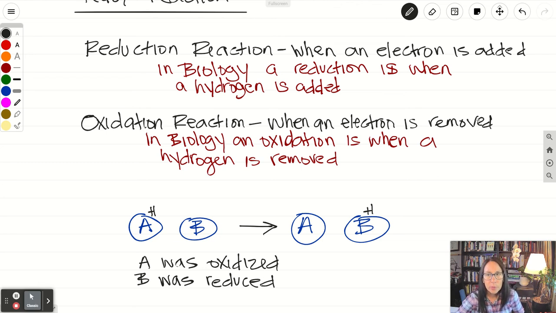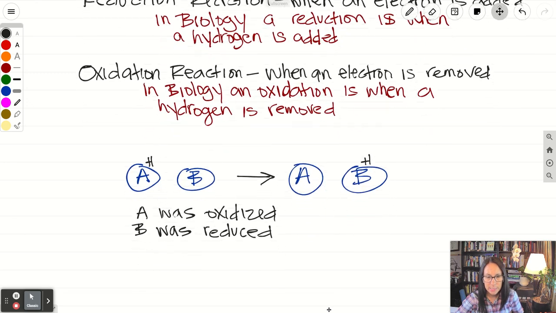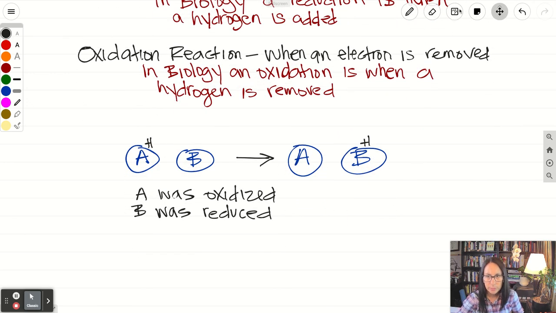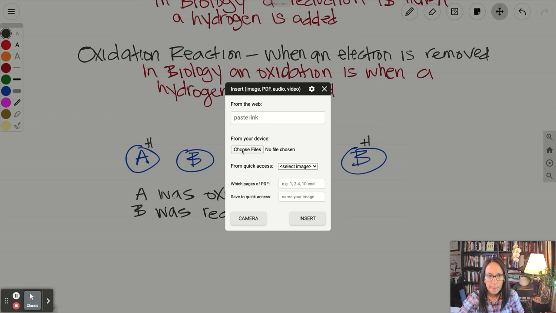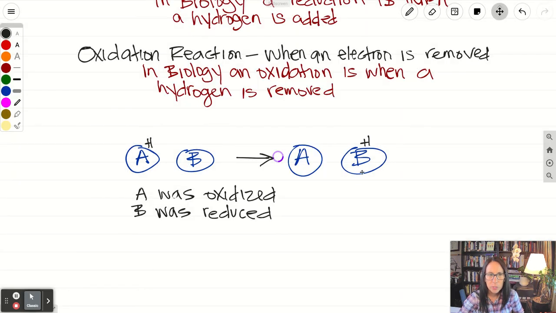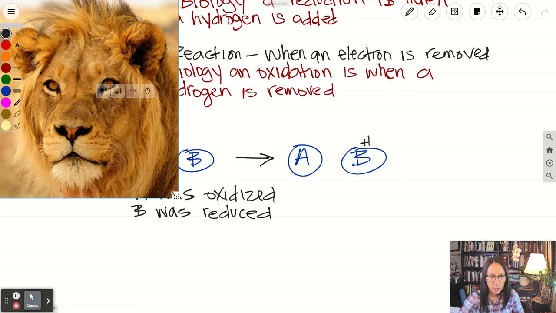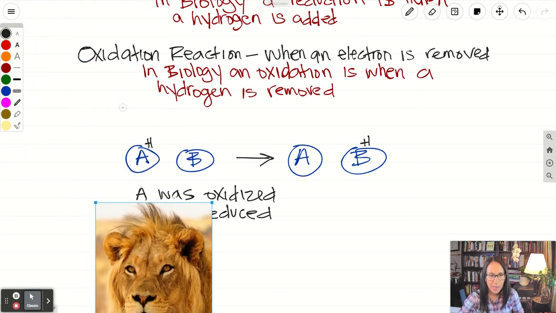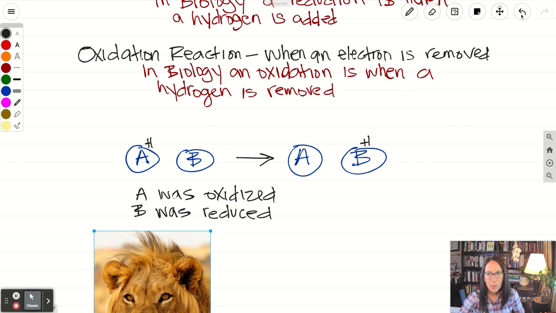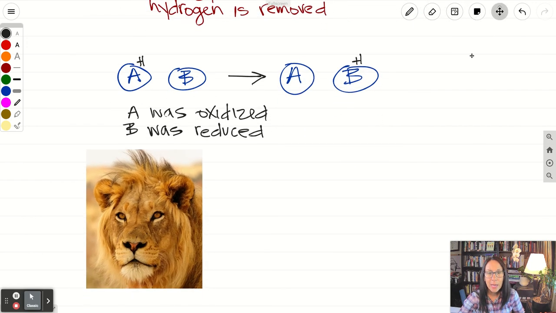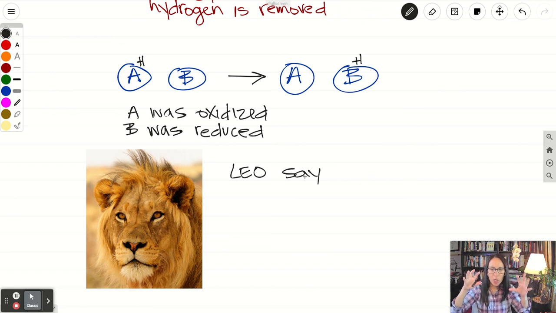One trick of remembering these reactions is this. Let me show you a picture. I just want you to remember this picture. Do you see what that is? It's a lion. The way you're going to remember these reactions is this sentence: Leo the lion says, grrr, G-E-R.